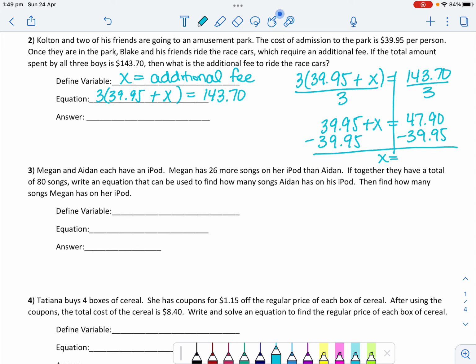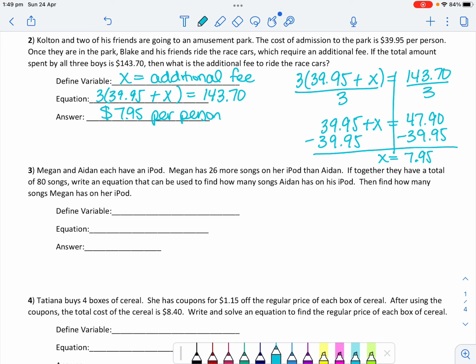So x equals $7.95. So this is going to be $7.95 per person. Because again, 3 boys are doing this, so we have to count for all 3 people.